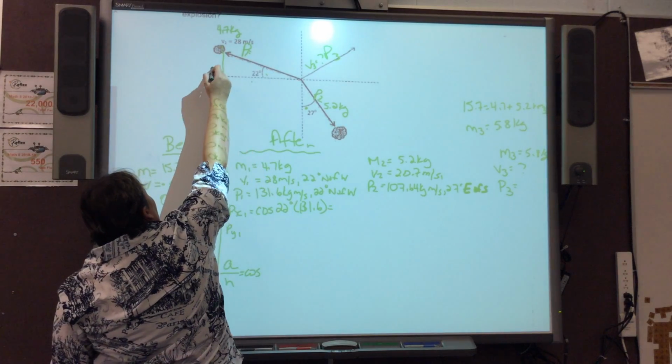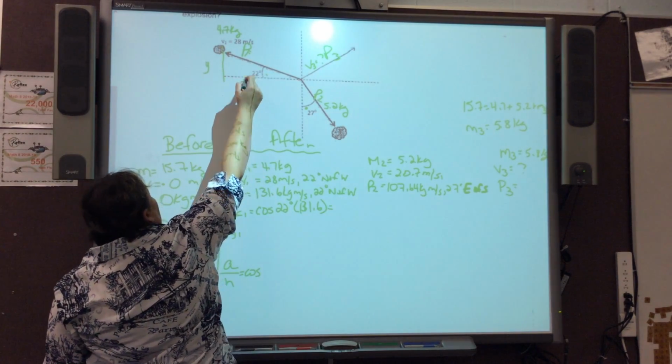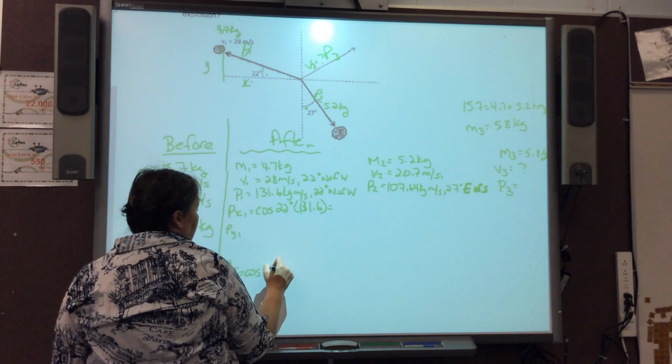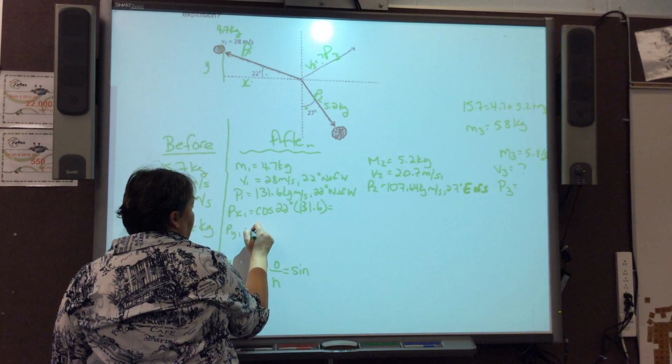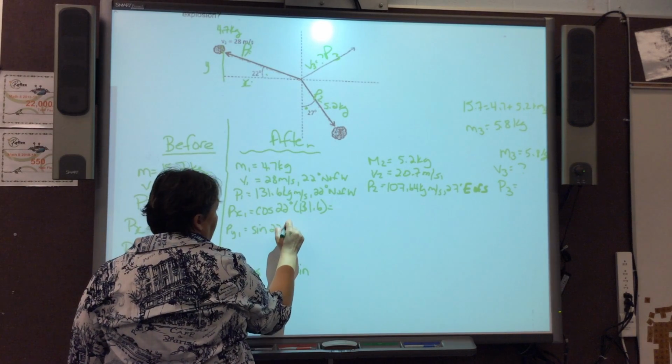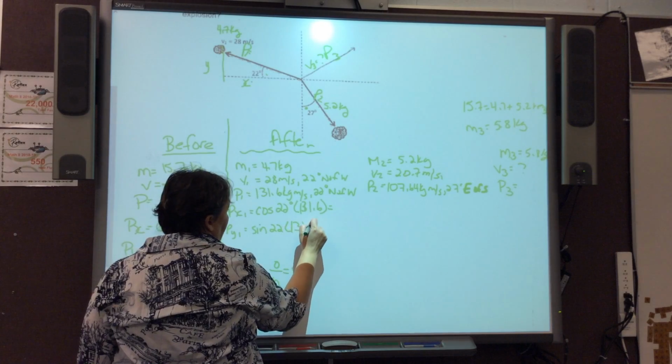When we're looking for the y, it's opposite of the angle. So you're going to take the sine of 22 degrees times 131.6.